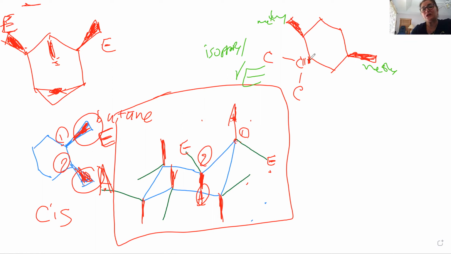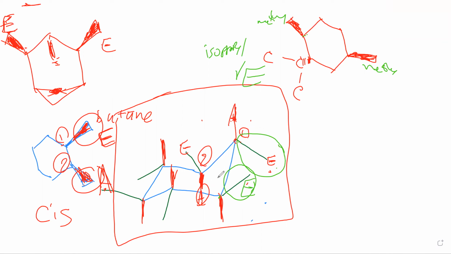If in this position we have equatorial down, on the adjacent carbon, which position is up? Equatorial or axial? You said it's equatorial, right? Yes.